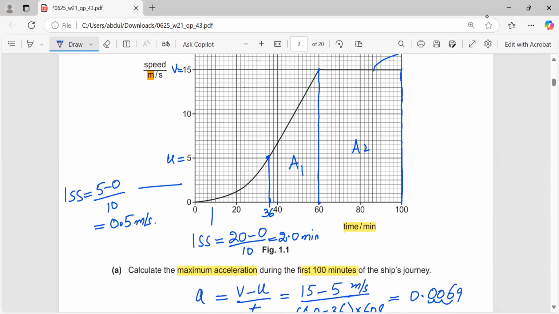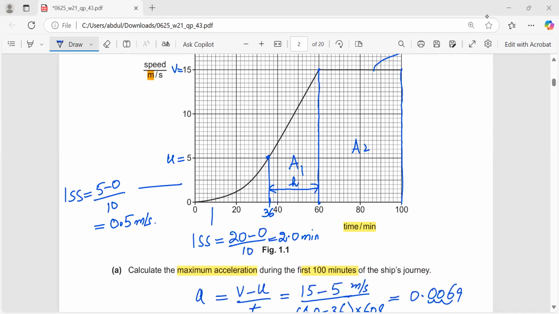Now let's mark the numerical values which are needed. My dear friends, this is the difference h between two sides, that is 60 minus 36. So we can write 60 minus 36 equal to 24.